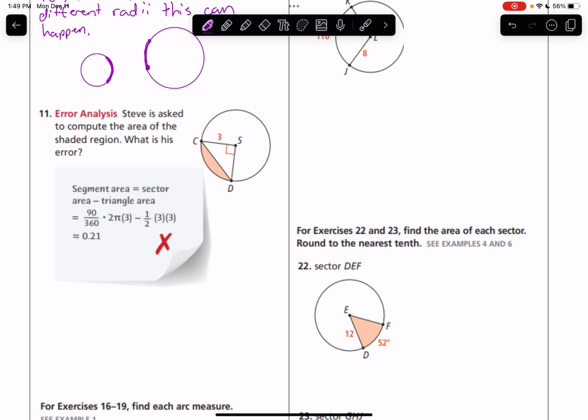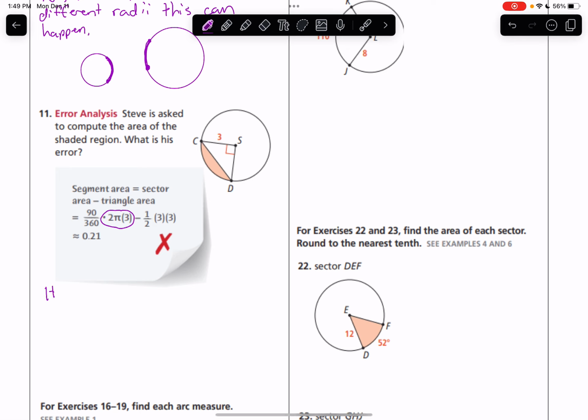What is his error? So he did the area of the segment by doing the area of the sector minus the area of the triangle. However, when he did 90 over 360, he multiplied it by 2 pi r, which is the circumference formula, instead of multiplying it by the area formula of a circle to find the area of the sector.